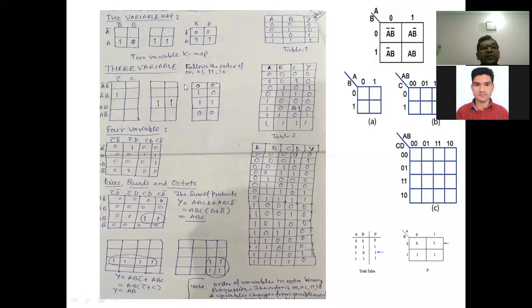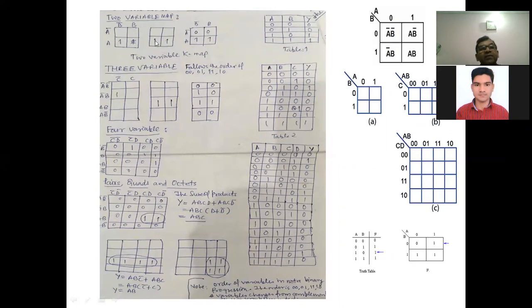So suppose this is a 2 variable K-map, and only one 1 is present here. So what will be the value from the K-map? If y is the output, then y is equal to a b bar.